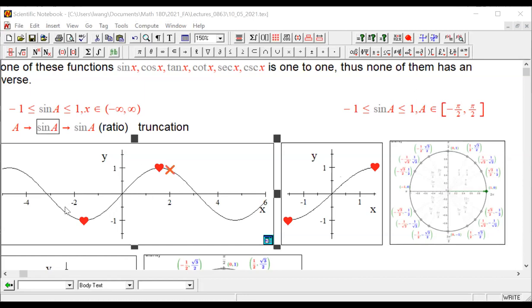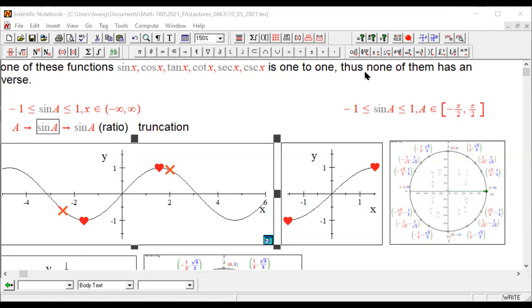These pieces are chopped off. And this is the piece we left. As a consequence of this chopping, if you look at this piece of curve, the newly created function, the domain is from -pi/2 to pi/2.